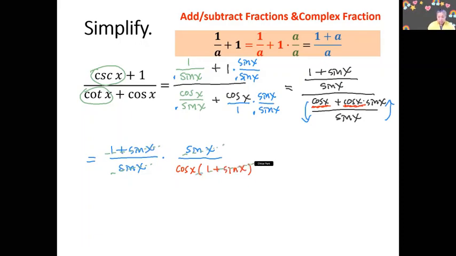The only survivor from this cancellation into the next step is 1 over cosine of x, which can be rewritten as secant x, the reciprocal of cosine.